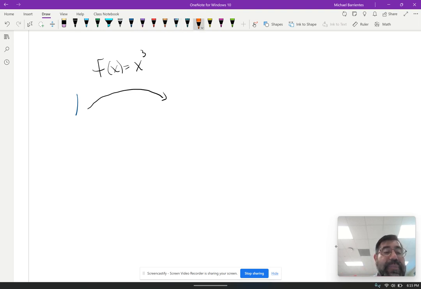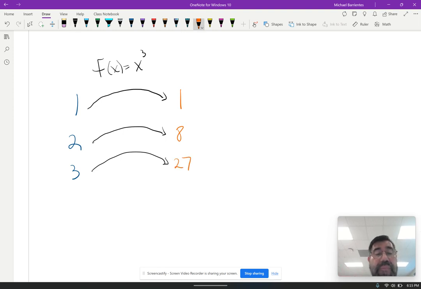If my input is 1, I get 1. If I substitute 2, it gives us 8. If I take 3, the output is 27. So this is what the function does.